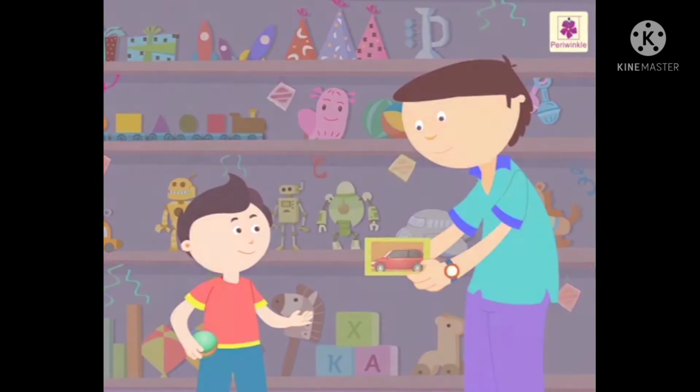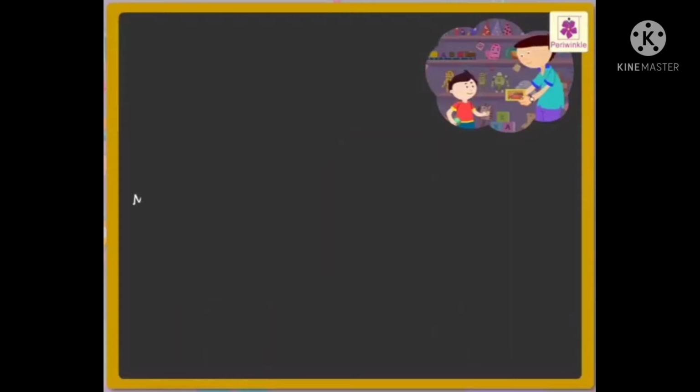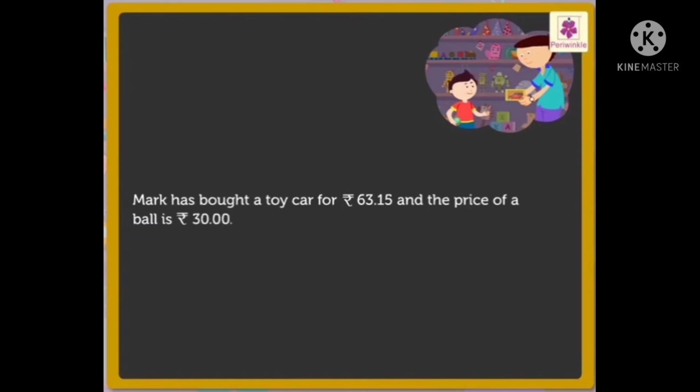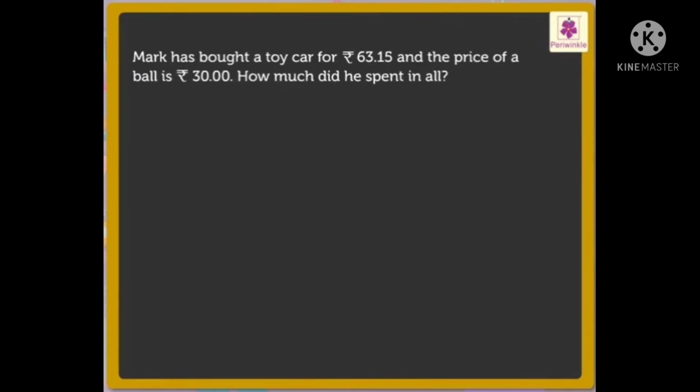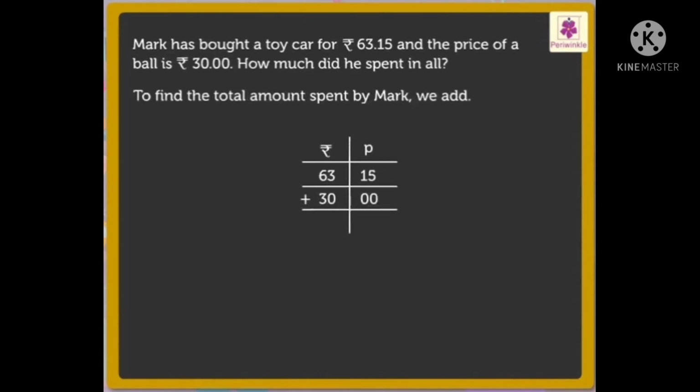Now, let's see what Mark is buying. He has bought a toy car for 63 rupees 15 paise and a ball for 30 rupees. Let us find out how much he spent in all. Let's add the numbers.